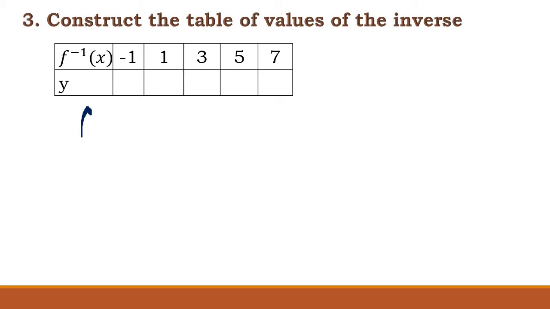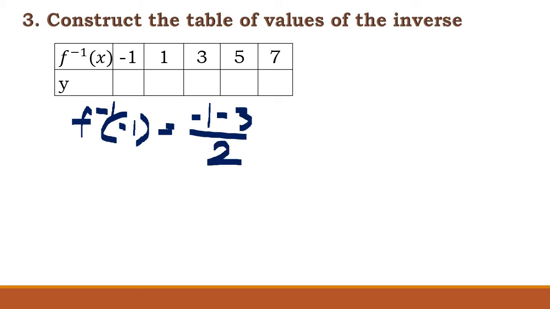So f raised to negative 1 of negative 1 is equal to negative 1 minus 3 over 2. We use the inverse we got from the previous slide. So we have negative 4 over 2, which is equal to negative 2.